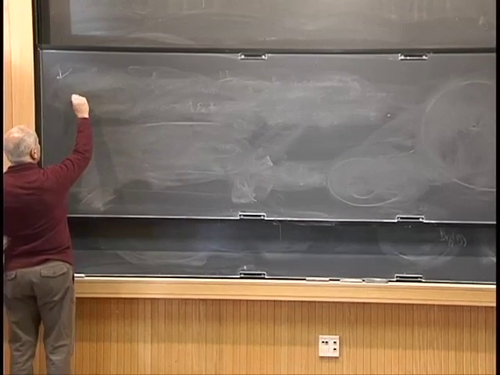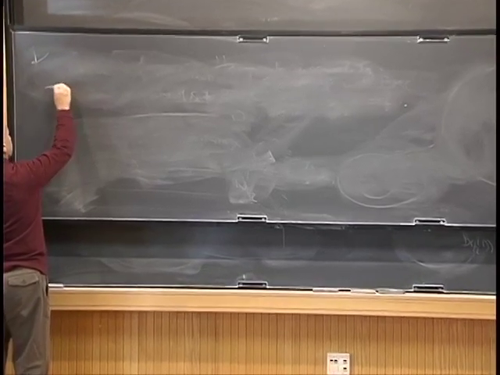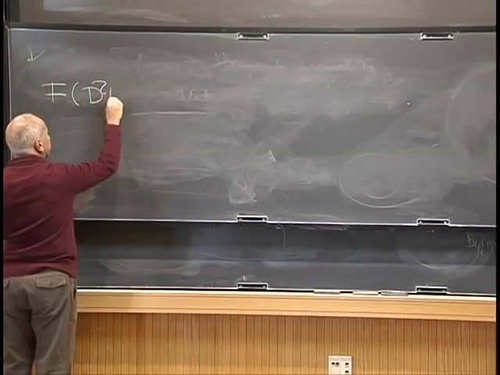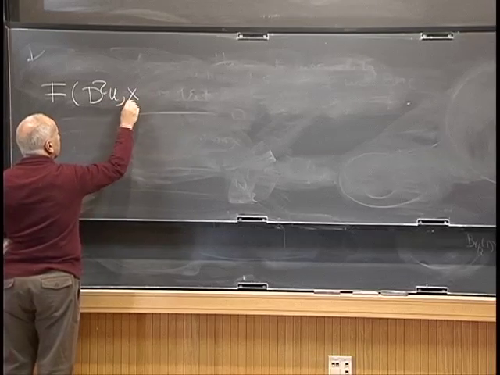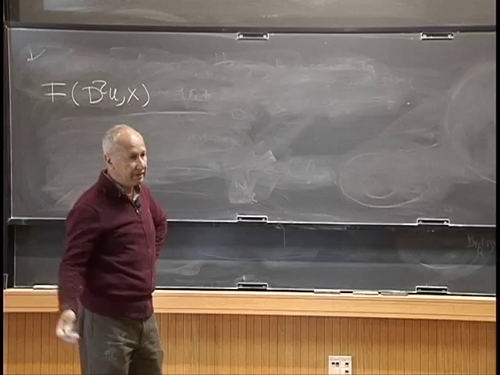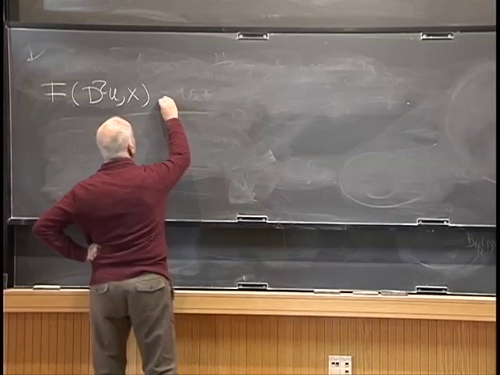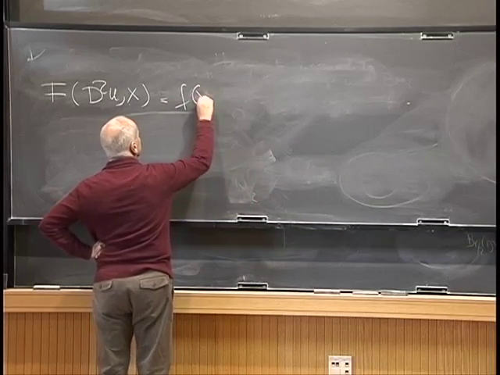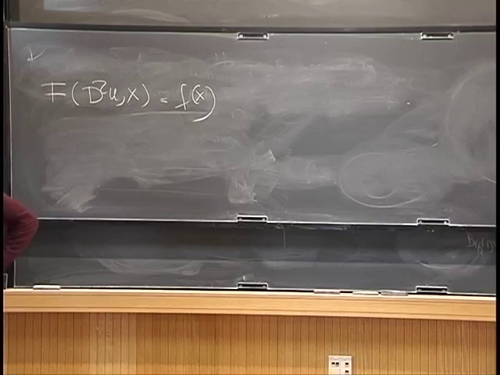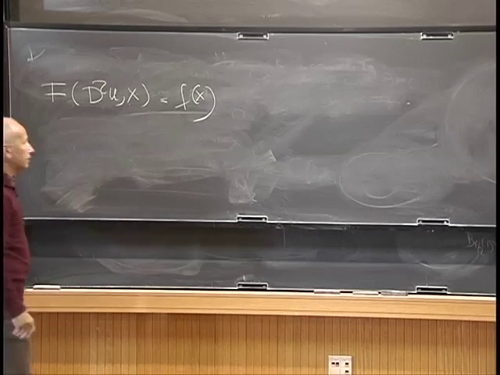The viscosity method says, I want to say that f of the square of u and x, let me assume continuity in x, is equal to f of x. And I want to say it for a function which is continuous only.